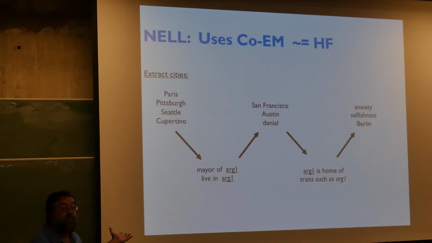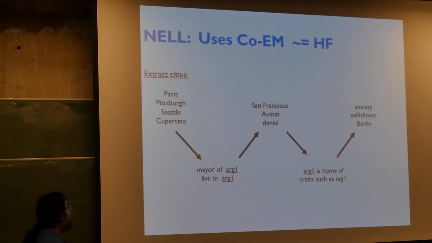So NELL uses something a lot like this, except the graph is a little bit different. There are basically two kinds of nodes in the graph, and this is one of the learners in NELL, the coupled pattern learner. You have entities, which are basically just noun phrases that you find in text. And then you have features, which are just a little context, a few words around that noun phrase.